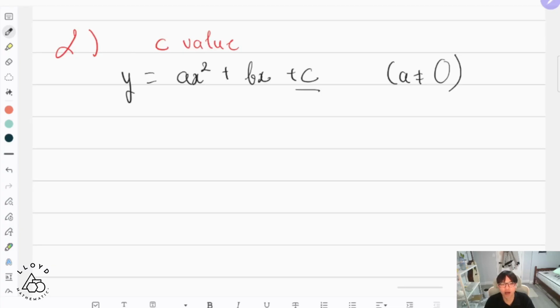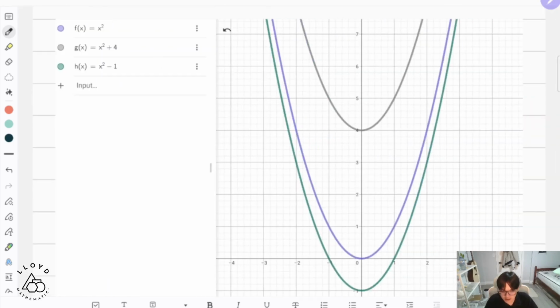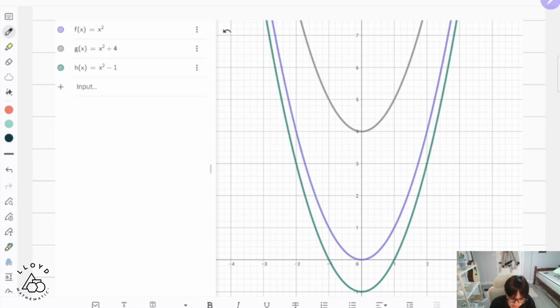So let's move on to our C value. The C value is this value. It's not A or B, it's C. What does it affect in the whole graph? Here I have three examples: the green, the purple and the gray one. Here x squared is the purple one, and x squared plus 4 is the gray one, which is higher than the other.